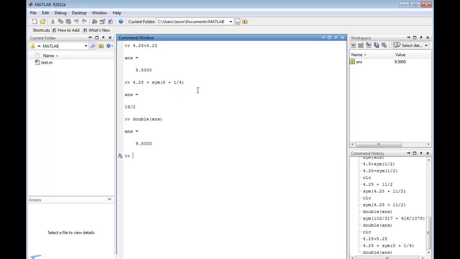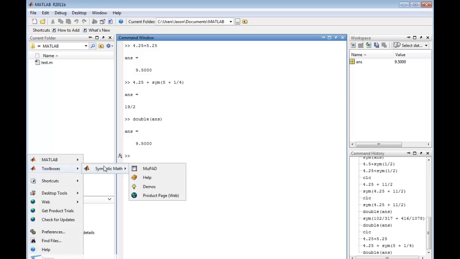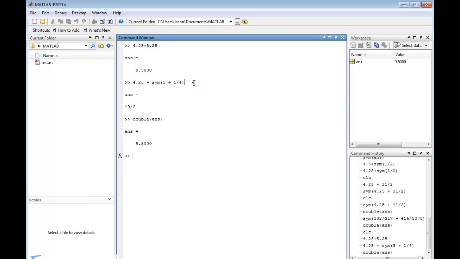But more importantly than that, this whole symbol thing is not just applicable to fractions. Don't you think it'd be a little silly for them to give you an entire symbolic math toolbox just to deal with fractions? Of course not. Symbolic math goes way beyond this. Symbolic math in MATLAB is going to let you do things like simplify polynomials, do synthetic long division of algebraic expressions, and keep the answers in algebraic form.